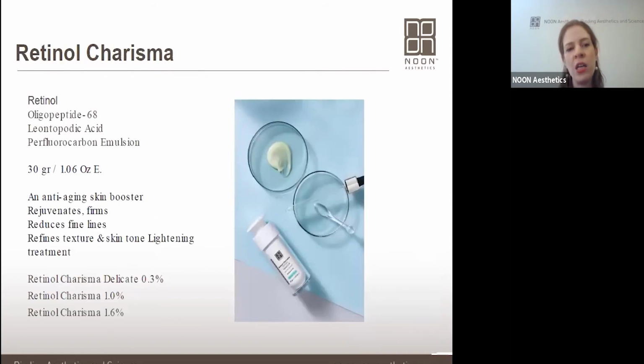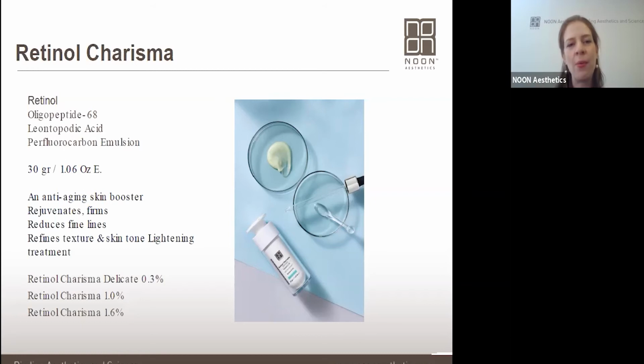Also, when I have harsh cases, I can use retinol. I can use retinol in two different cases. First is acne comedonica, where I have many comedones and I want to reduce the sebum secretion. Also, I can use it in harsh cases, but not in the beginning, not when I have inflammation, because if there is inflammation, the retinol can irritate the skin and it will be very unpleasant for the patient.